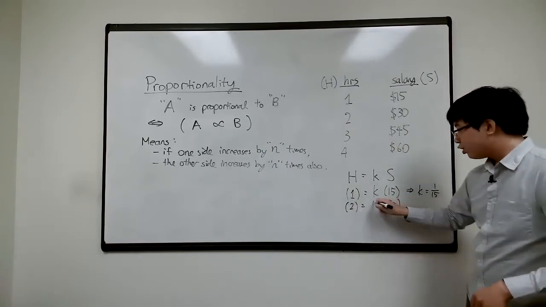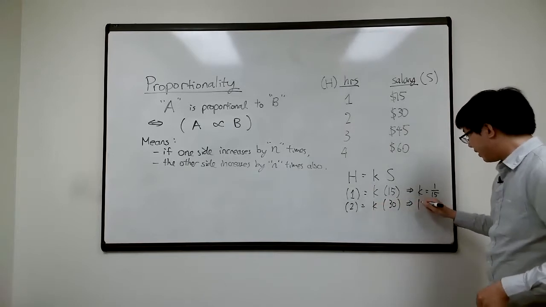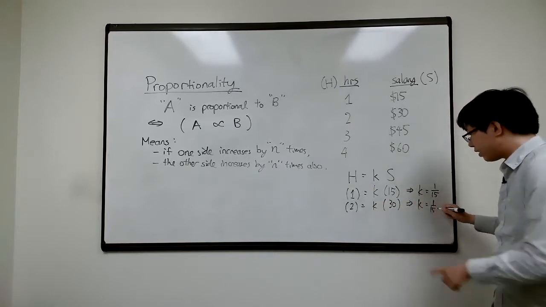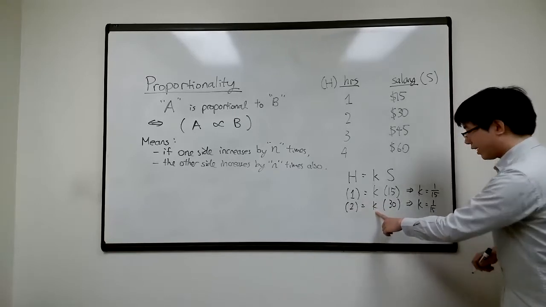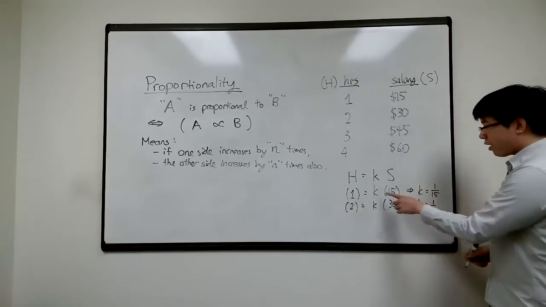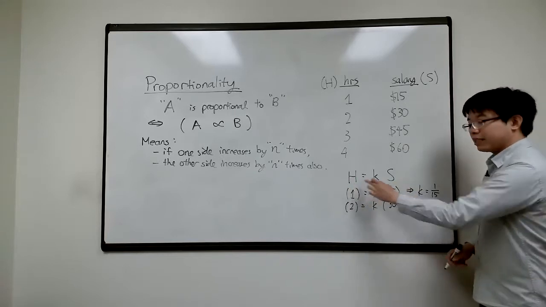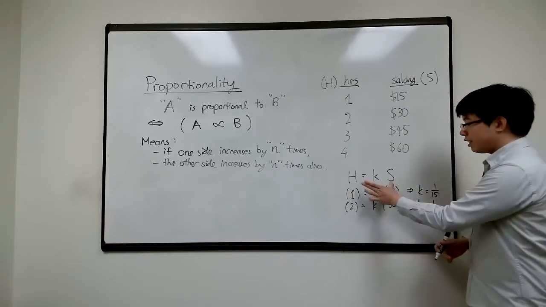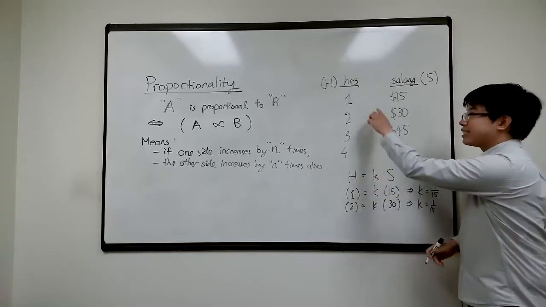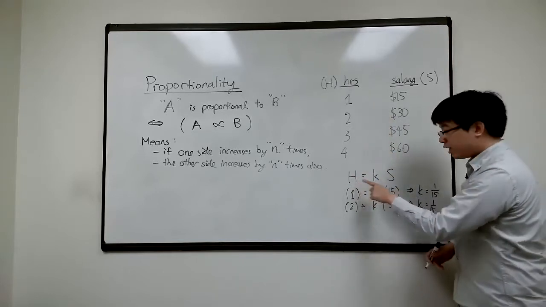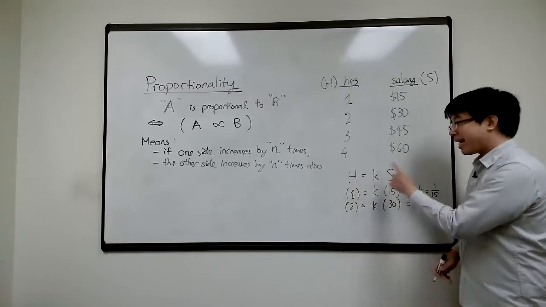If you work this out, you'll realize that K is again 1/15, right? So if you divide both sides by 2 and solve for K, isolate K out, you realize it's the same. So if these two quantities are related by just multiplying a number that is the same no matter what H is and no matter what S is, then they're proportional.